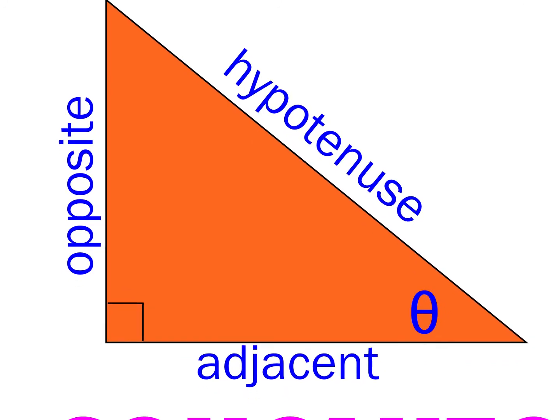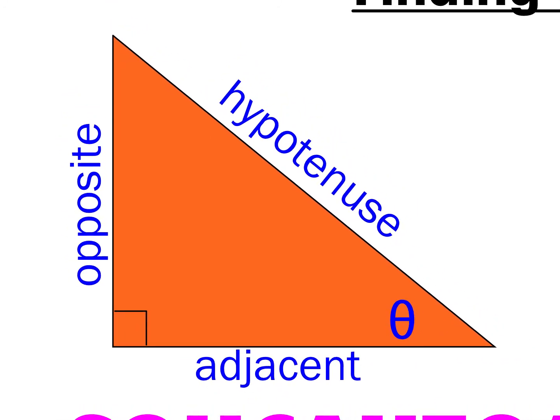In a right triangle, there's three sides that we are interested in. The hypotenuse, which is across from the 90-degree angle, the opposite, which is across from the angle of interest, and because today's lesson topic is finding the angle, instead of being across from the angle that we know, the opposite is going to be across from the angle that we want to find.